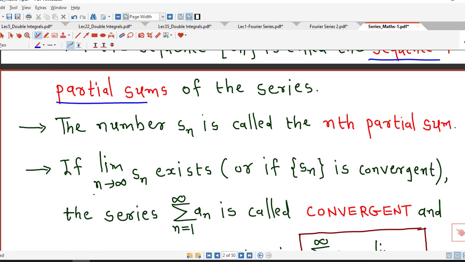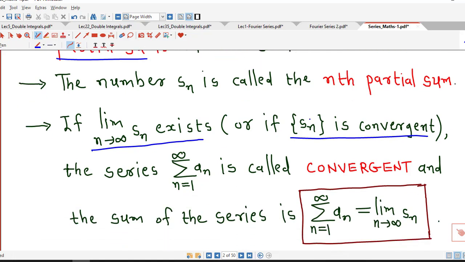So if the limit of S_n exists, or if the sequence S_n is convergent, then sigma a_n is called convergent. And if the sequence S_n is not convergent, or if the limit of S_n does not exist, then the series is called divergent.